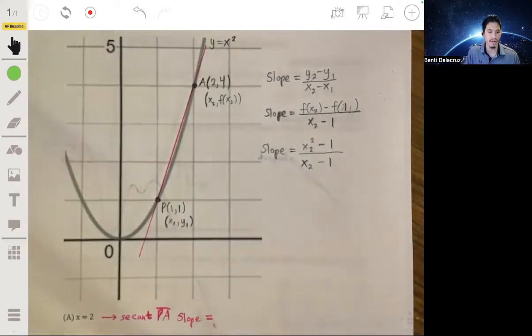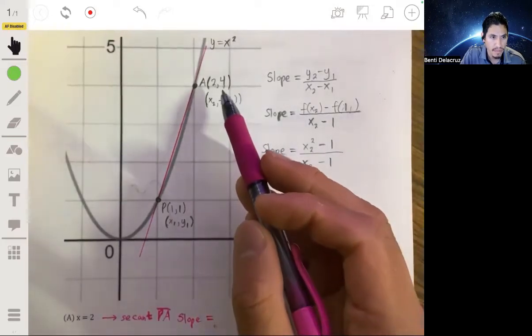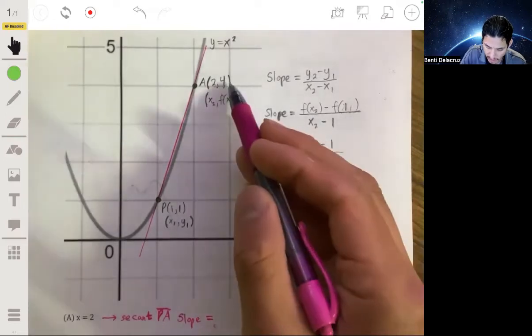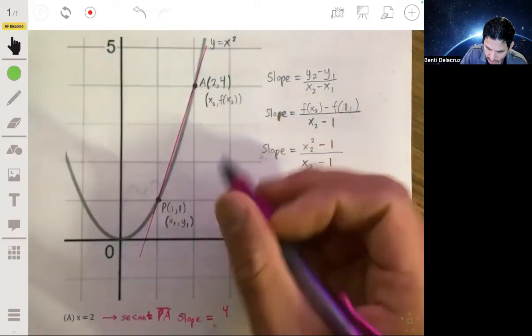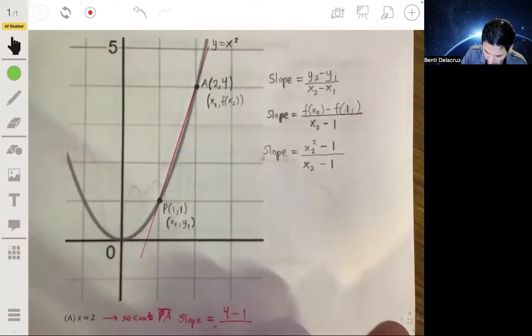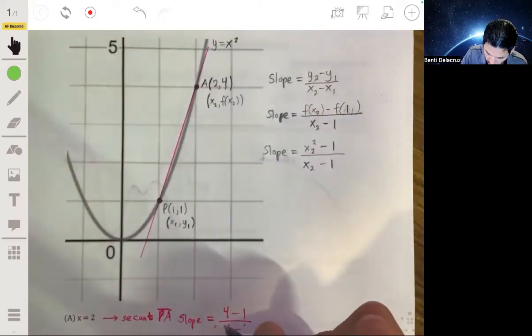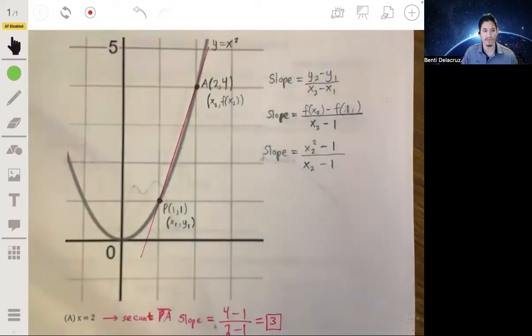And its slope, we're going to make it equal to the difference from here to here. We can see it's going to be 3 over 1, but we'll make it again. Remember, f of x2, 4 minus 1 over 2 minus 1. And we'll get that it's 3 for that first one.